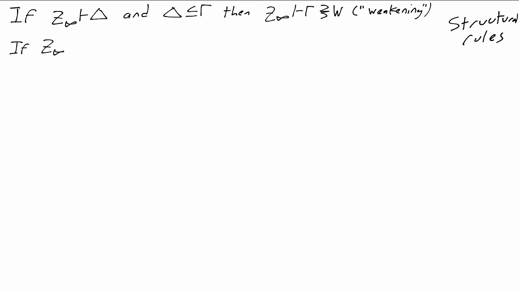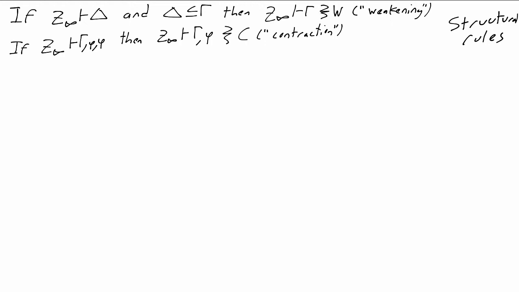If we deduce gamma with two copies of phi, then we can combine them into a single copy of phi. If either phi is true or phi is true, then phi is just true. We find it convenient to work with multisets rather than sets for technical reasons that involve bookkeeping how sentences were justified, but the contraction rule says whenever we have multiple copies, we can always combine them.